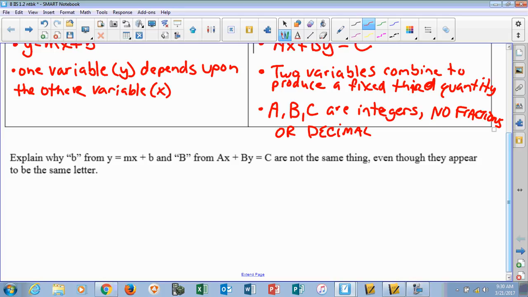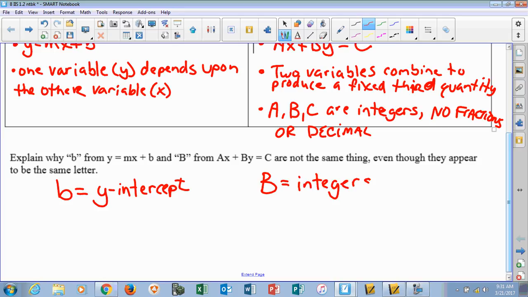The b in y equals mx plus b signifies the y-intercept, and remember, the y-intercept can be a whole number, an integer, a fraction, a decimal, lots of things. The b in ax plus by equals c can only be an integer.